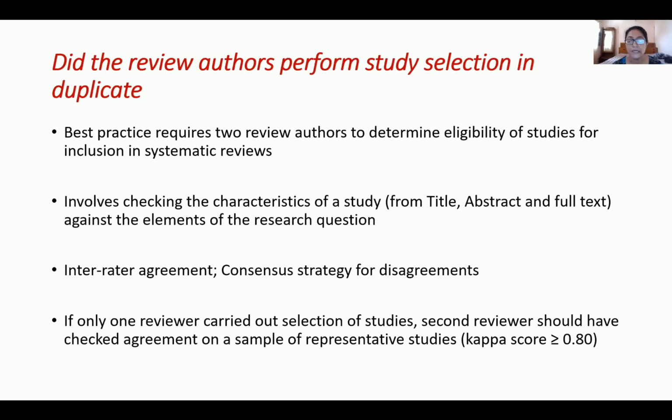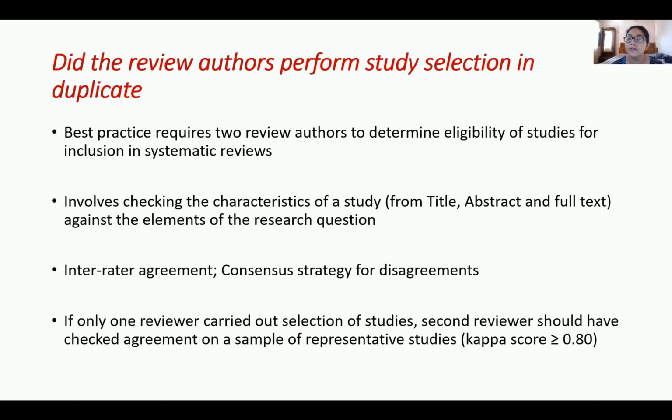So whether the study that has been selected is appropriate to the research question. And there should always be an agreement between the 2 reviewers. And in case of disagreements, a consensus strategy should be established before the search is conducted.